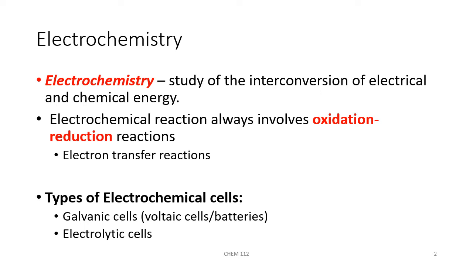There are two main types of electrochemical cells that we will study. One is called a galvanic cell, and galvanic cells are also called voltaic cells, or in other words, batteries, which is the most common name for them. And the other kind that you might not have heard about before are called electrolytic cells. So we'll break up our chapter into talking first about the galvanic cells and then later the electrolytic cells.